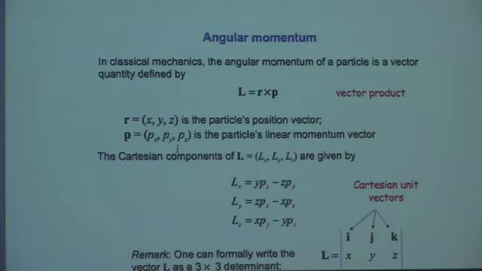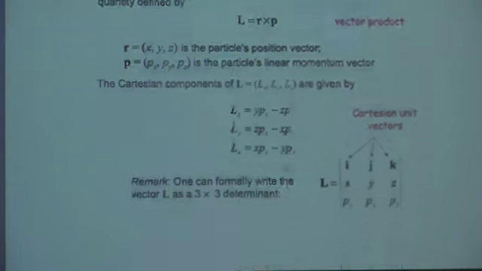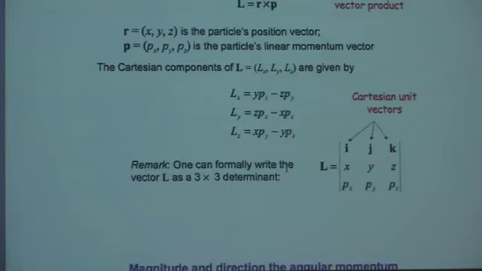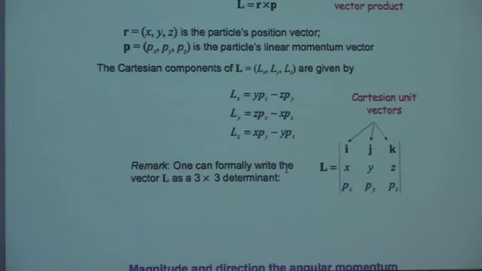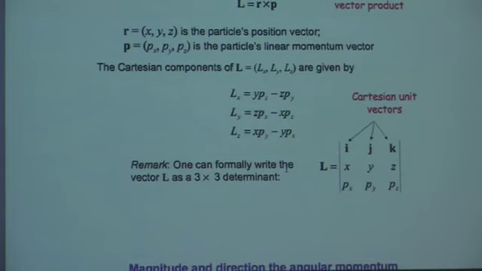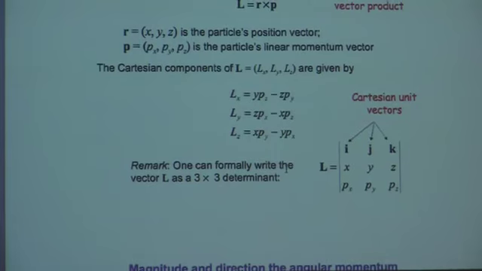And this vector product or cross product, this is again our old friend that can be written as a 3 by 3 determinant. These are our unit vectors, essentially instead of x, y, z, because x, y, z are related to the position variables.